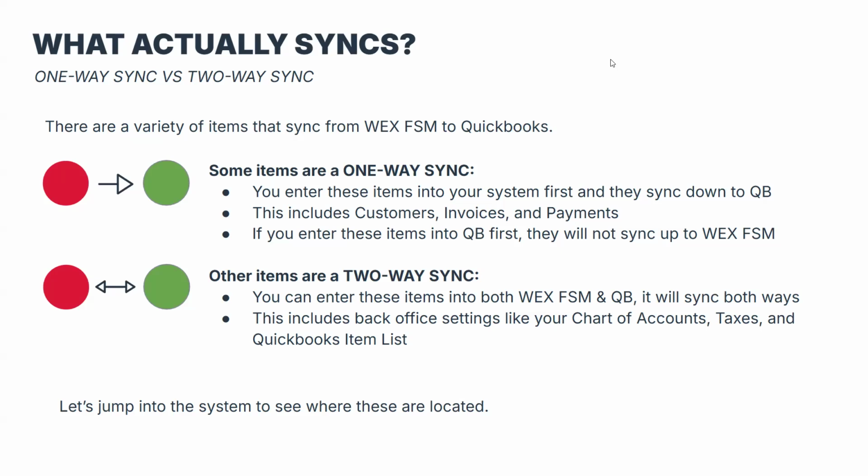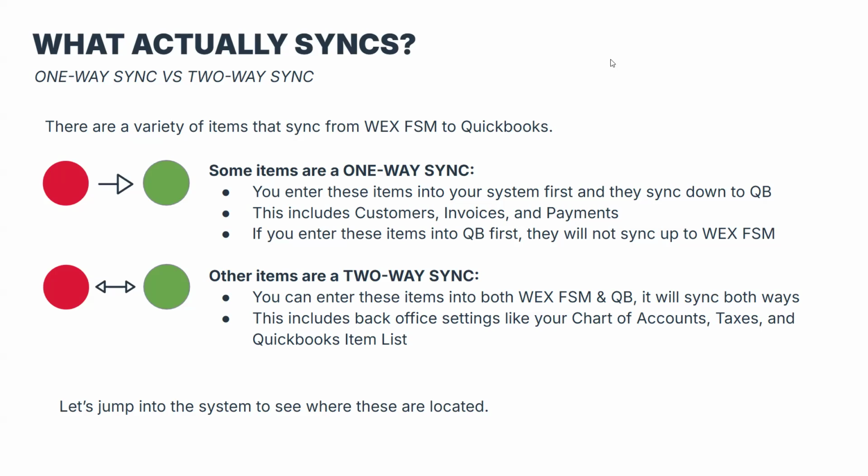Two-way sync items, you can edit in QuickBooks. And these are things like your chart of accounts, your taxes, and your QuickBooks item list. Two-way sync items, you will edit in both platforms.